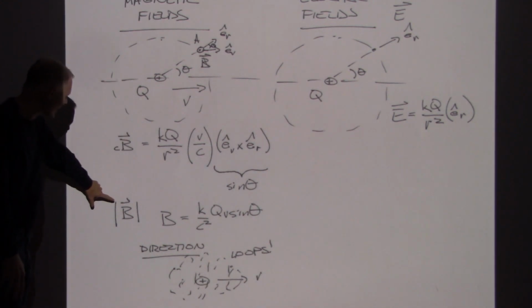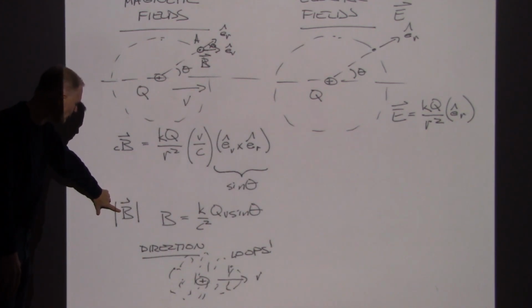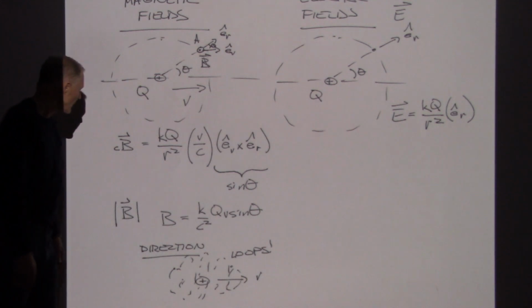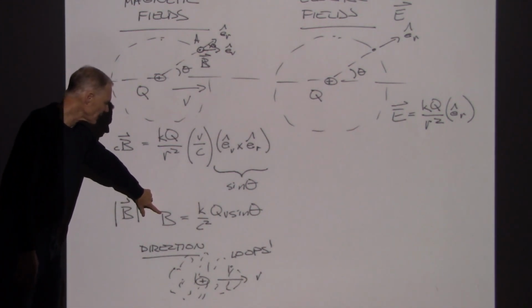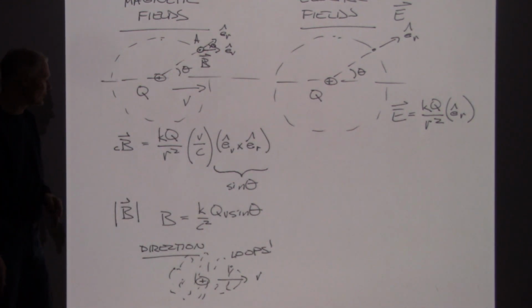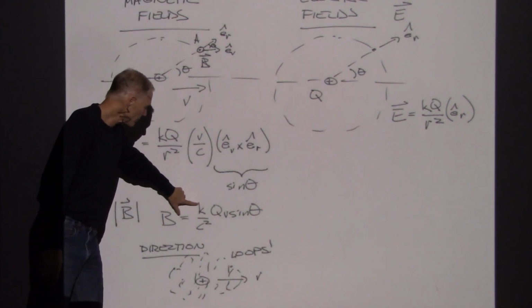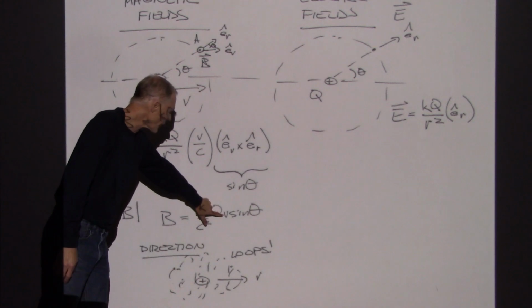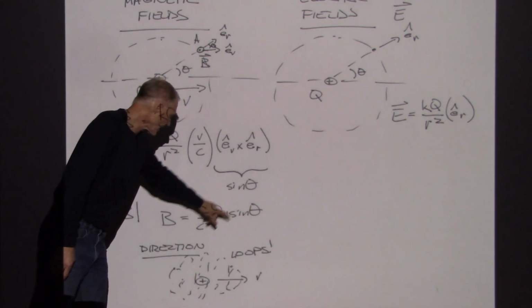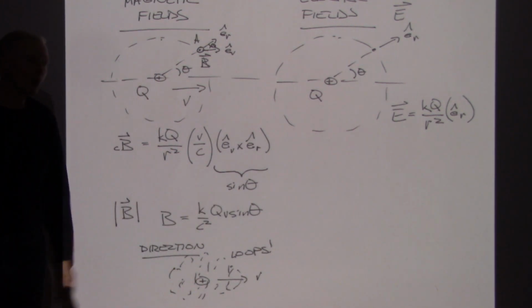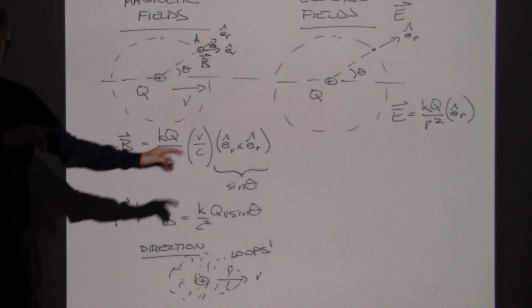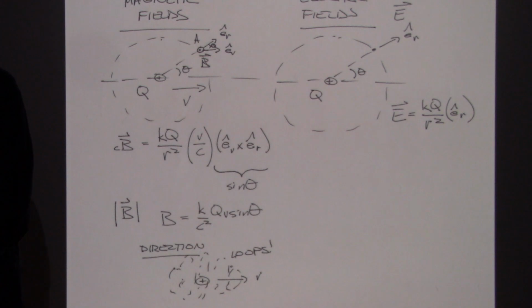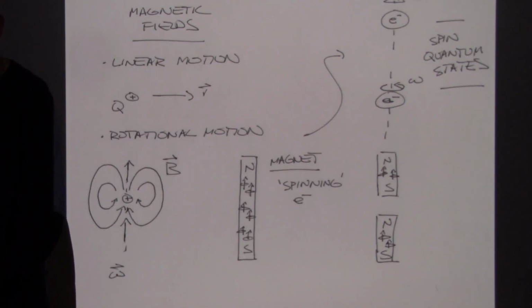Now what that says then is that the magnitude of the magnetic field, once I take this factor of c and I move it over to the other side, the formula to tell me how strong the magnetic field is: the electric force constant divided by c squared times q times v times the sine of the angle. And again, it's going to form these kind of loops. So this is a picture we're going to refer back to because this is our foundational, most basic picture.